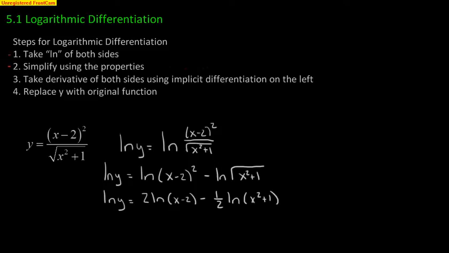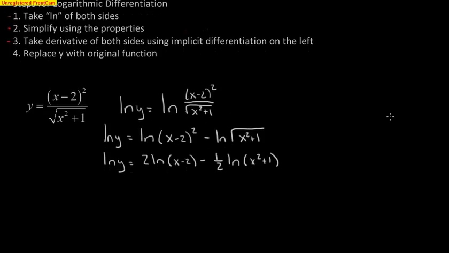Alright, let's take a look at step 3: take the derivative of both sides, using implicit differentiation on the left. The derivative of natural log of y is going to be 1 over y, but it's implicit, so I've got to multiply this by dy/dx.